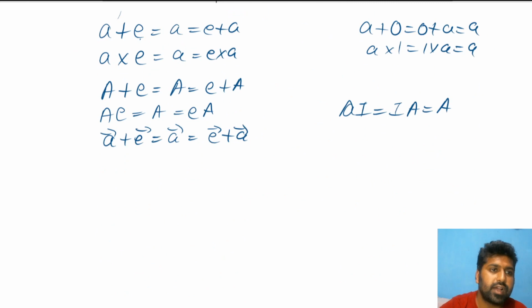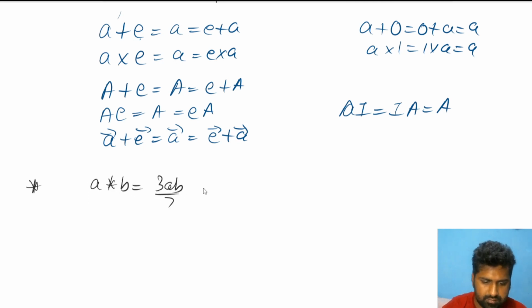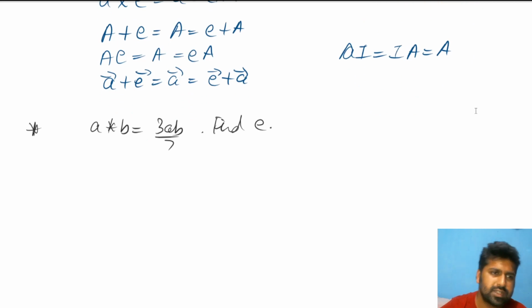Now let's find it for some different operations also, like let's say a star b is 3ab by 7. Find e. E is identity element. The question will say identity element, so you just follow the definition. A star e should be a.